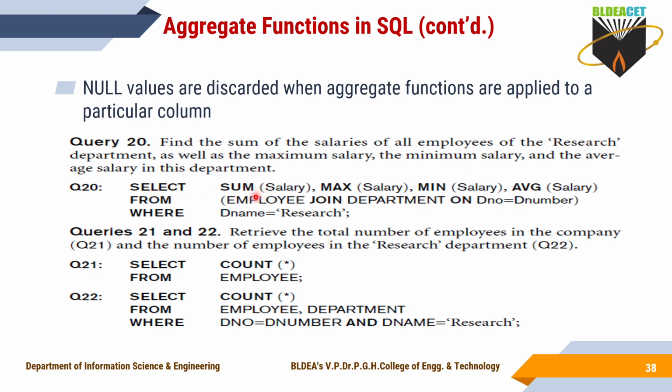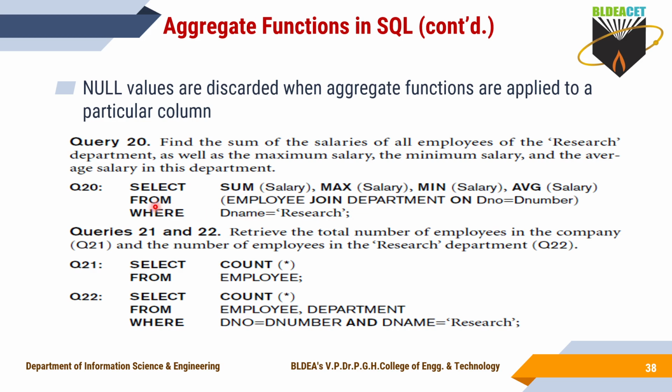Select. What we need to find is the sum of salary. Which aggregate functions do we require? Sum salary, max salary, min salary, and AVG salary. From employee: salary is an attribute of the employee table, whereas the condition specified is research as a department name, and that attribute belongs to the department table.